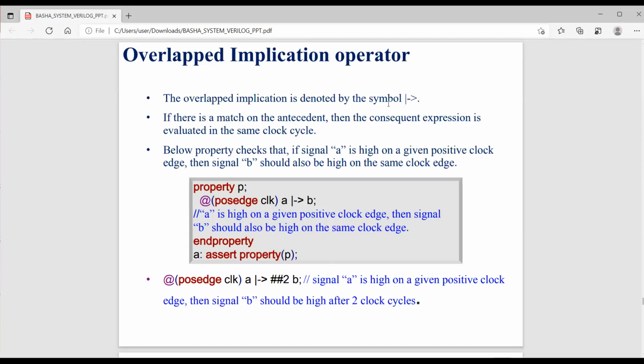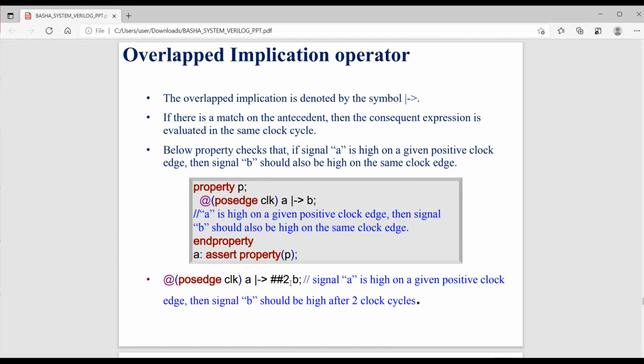It is denoted by this symbol. If there is a match on the antecedent, then the consequent expression is evaluated in the same clock cycle. So if A is high on a given positive edge of clock, then signal B should also be high on the same clock edge. If you mention it like this, it means A should be high in the same clock cycle, and after 2 clock cycle delay, B should be high.